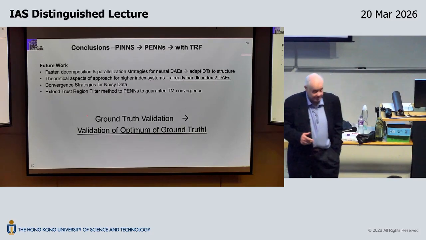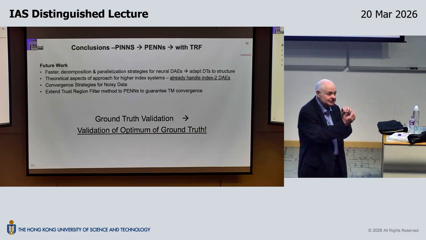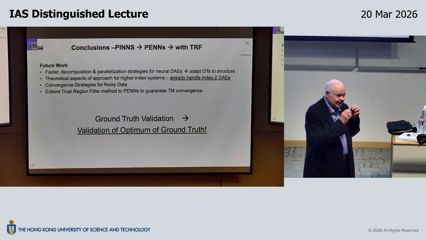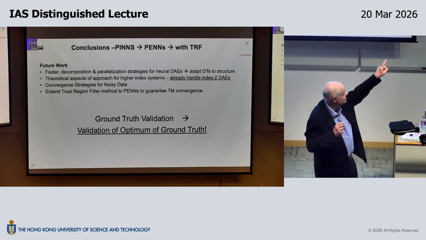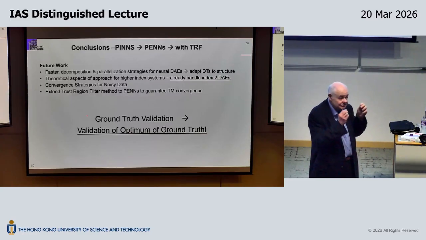And I'll tell you why. What you are doing when you check if it's feasible and you stop is you're stopping at a feasible point and at a KKT point of the surrogate model, okay? What you're not doing is validating the optimum of the ground truth model, the KKT of the ground truth model. You have to be able to do that.